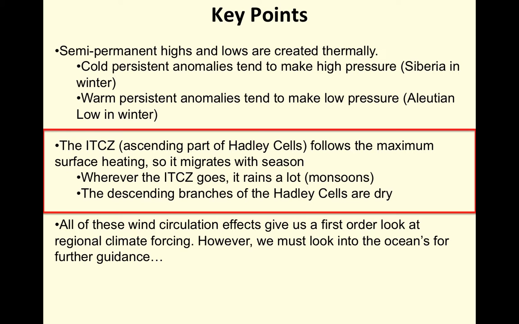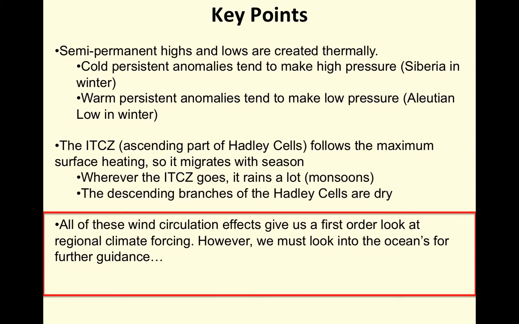The descending branches of the Hadley cells are quite dry, and they also have a seasonality, so that dry part of the globe migrates north and south with the cells themselves. All these wind circulation effects give us a first-order look at regional climate forcing, both temperature-wise and also precipitation-wise. However, we must look into the oceans for further guidance as well.